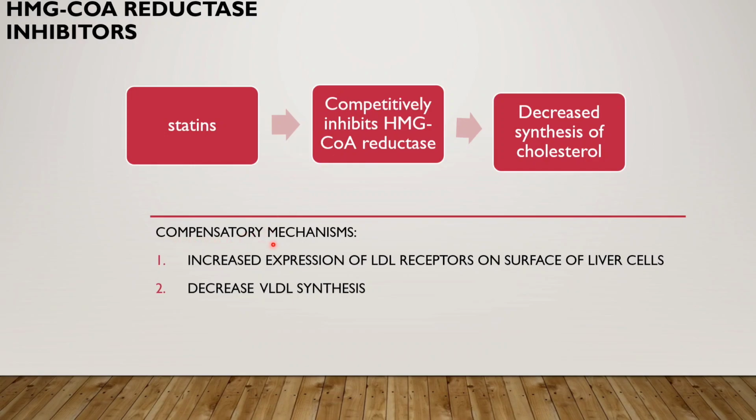There are compensatory changes due to decreased synthesis of cholesterol, that is increased expression of LDL receptors on the surface of liver cells. So there is more uptake of LDL from plasma, hence a decrease in plasma LDL. Other changes are decreased VLDL synthesis.